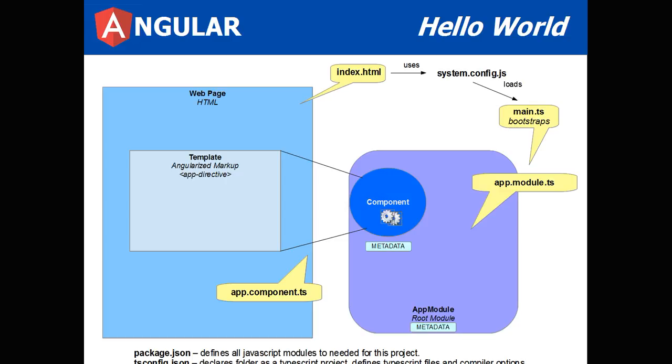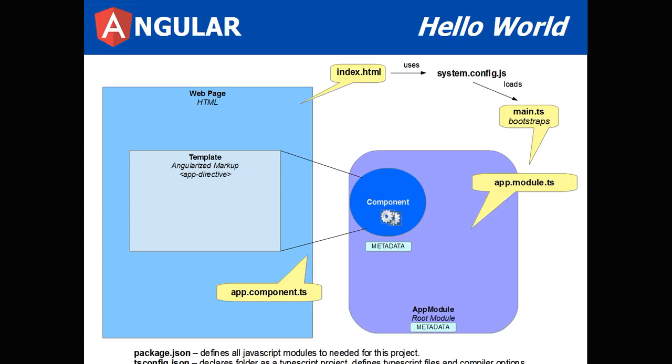Now, the index.html basically uses a loader to load a main app. Let's call it main.ts. And that thing bootstraps an app module.ts, which is my app module. The app module defines app components it's using, etc.